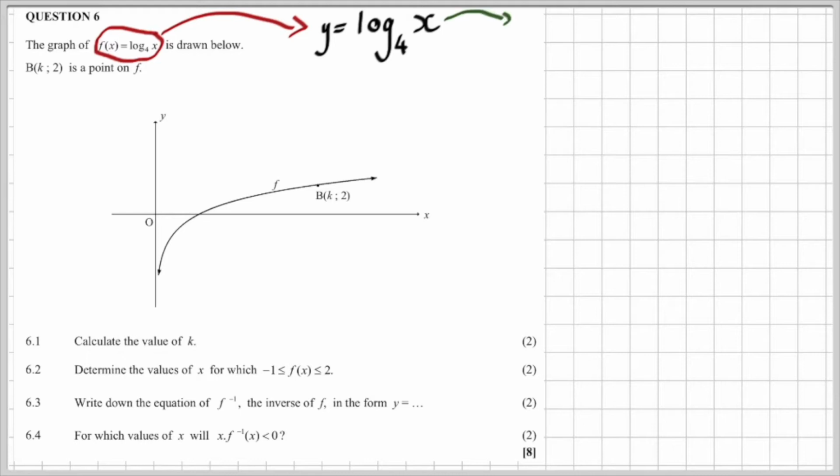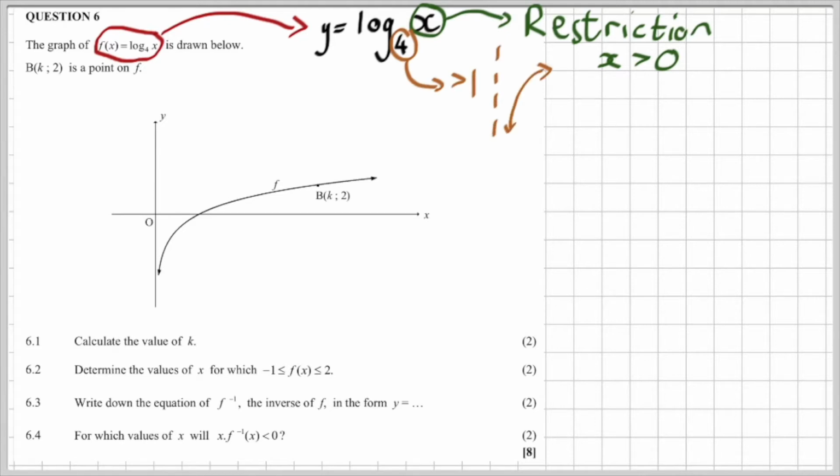First of all, there are restrictions when working with logarithms. That x, or whatever is inside the log function, must be positive. So in this case, it's just x. So x must be greater than 0. But this then leads me towards, what does the base tell me?